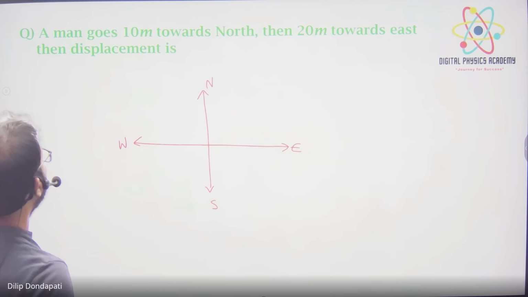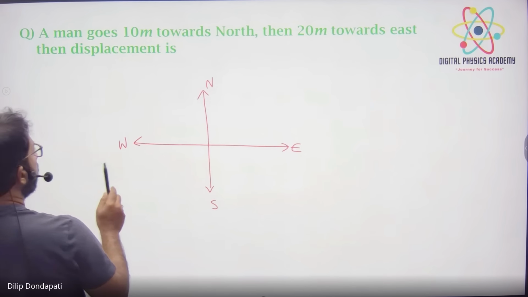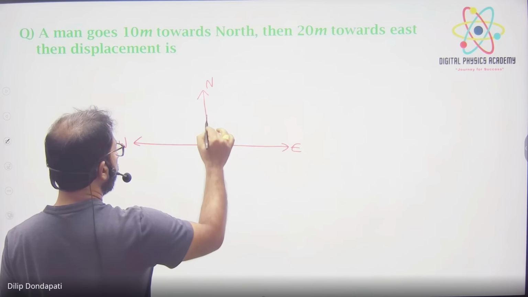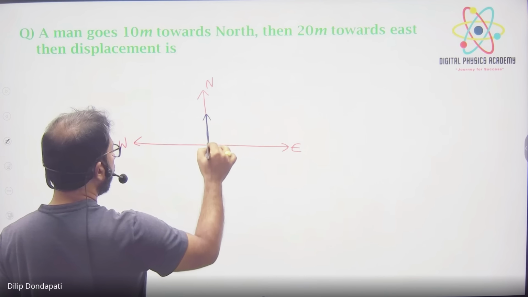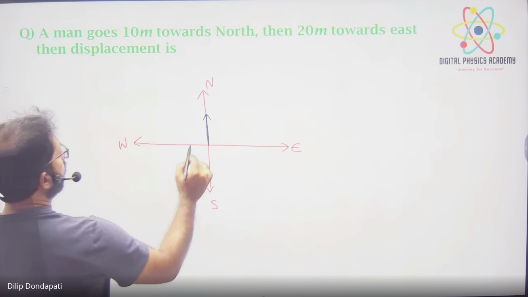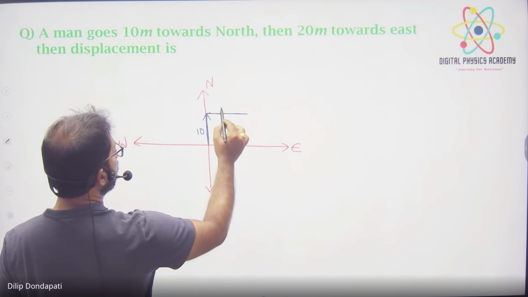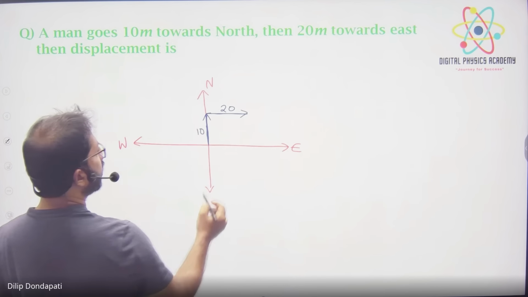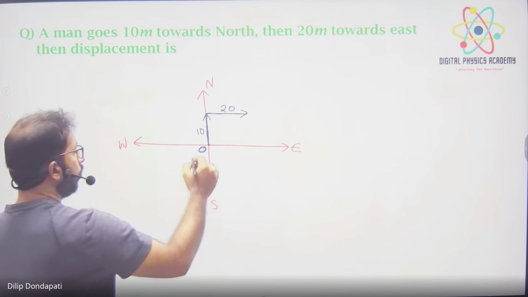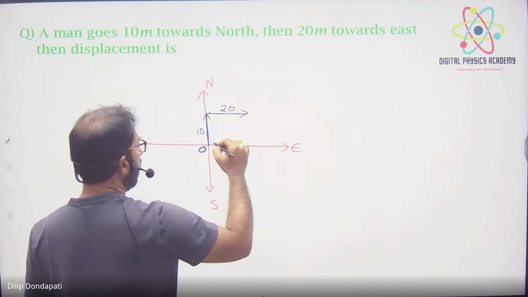The man goes 10 meters towards north and then 20 meters towards east. He's asking displacement. So the shortest distance from initial position to final position. This length we want to find.